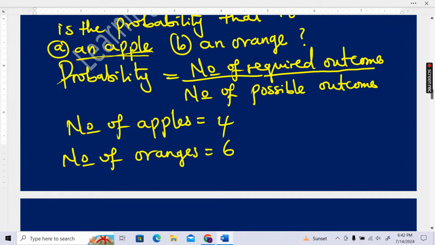Now, the total number of fruits. Everybody type the total number of fruits in the comment section. What will be the total number of fruits?